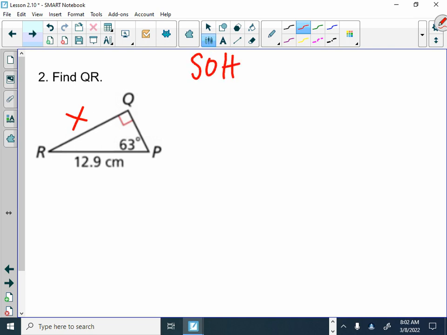So that's the angle I'm working with, angle P. Now I need to start figuring out how the pieces I have relate to that 63 degrees. 12.9. Opposite, adjacent, or hypotenuse? Is it a hypotenuse or adjacent?